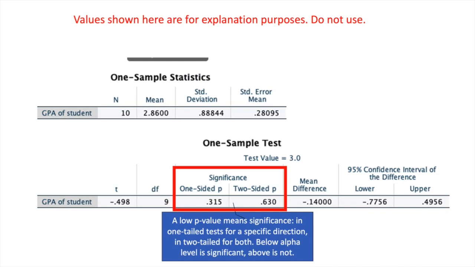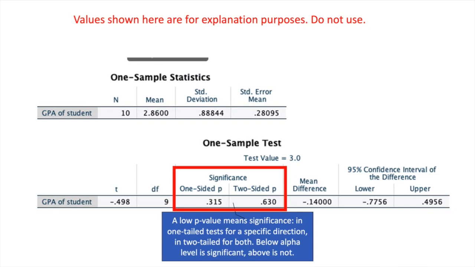Okay, this tells you the probability of you getting this difference in means when you compare the population mean and the sample mean. This is huge because this will tell you, depending on your alpha, if it's significant or not. Pay very close attention, especially if it's a two-tailed, or in this case, two-sided hypothesis test.